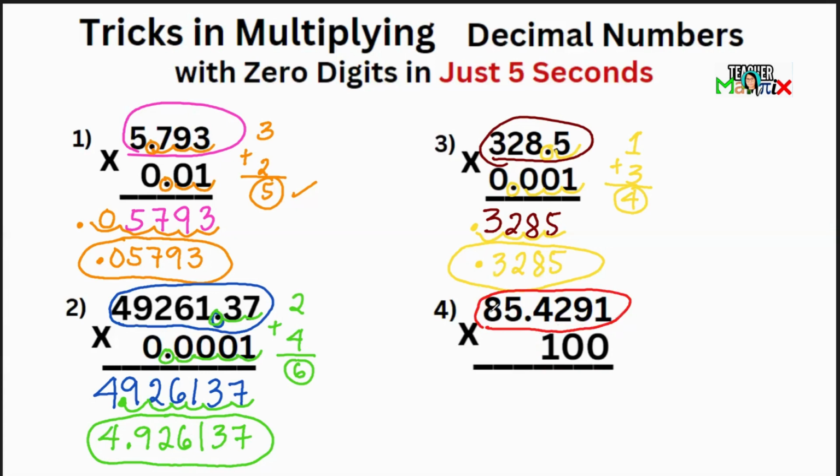So of course, copy mo na yung mga digits. 8, 5, 4, 2, 9, 1. Since whole number man yan, copy the 2 zeros. 1, 2. Diba? Copy the 2 zeros.